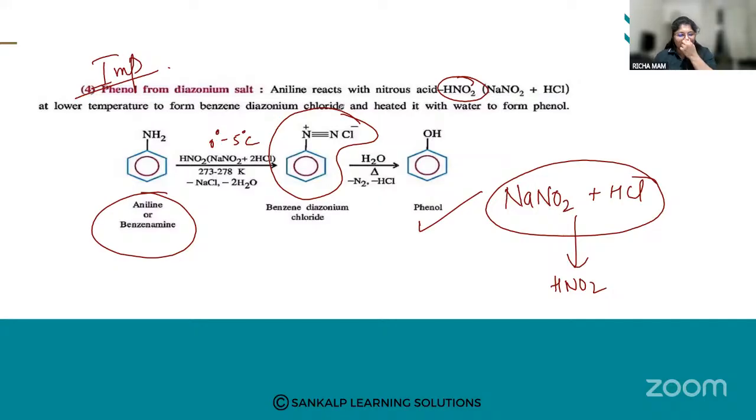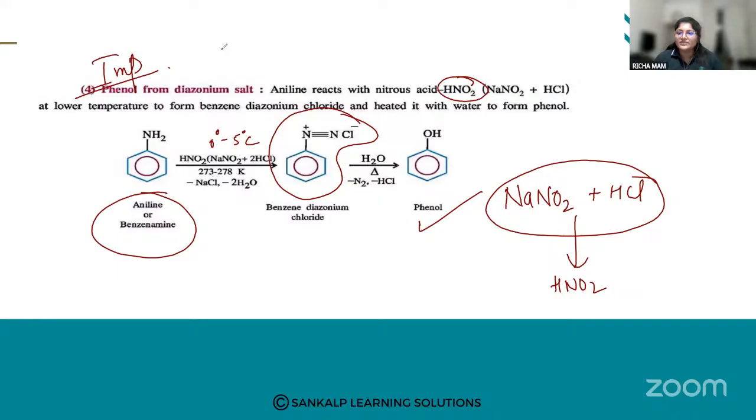So these are the four important preparations of phenols: from haloarenes, from benzene sulfonic acid, from cumene and from diazonium salt. In today's class, we have seen the definitions and general formulas for alcohols, phenols and ethers.